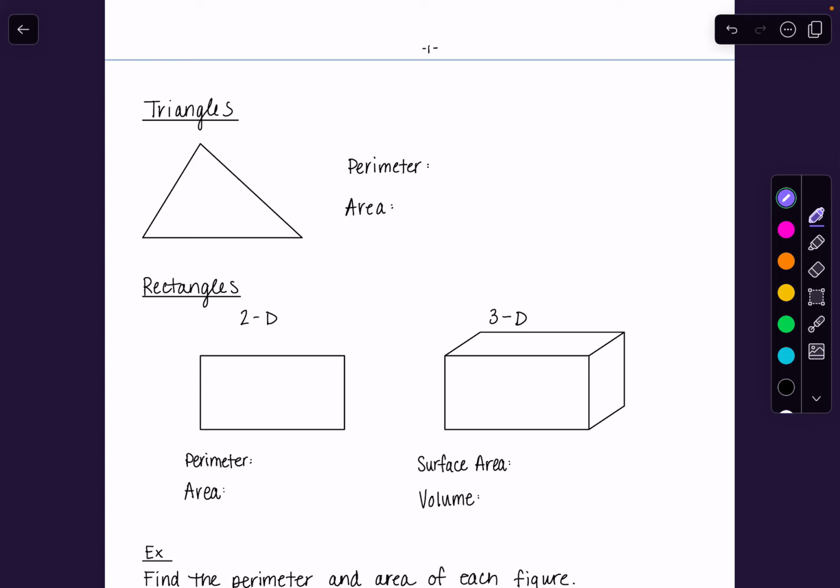So in a triangle, you have three sides, hence tri. So we're going to label these A, B, and C. Perimeter is always the nicest one because all you do is add all of your side lengths together. So here, our perimeter would be A plus B plus C.